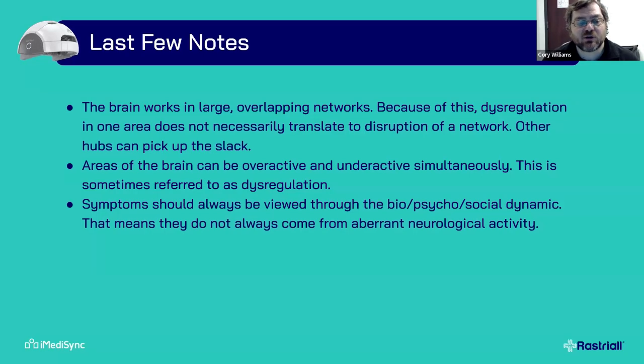So sometimes when we're looking at an EEG, we might say, this is a marker for depression, and the person will say, well, I've never been depressed before. And I'll say, well, that's great. Congratulations. It doesn't mean that you have depression. It means that potentially you could, given the right set of circumstances and depending on how the rest of that network works.